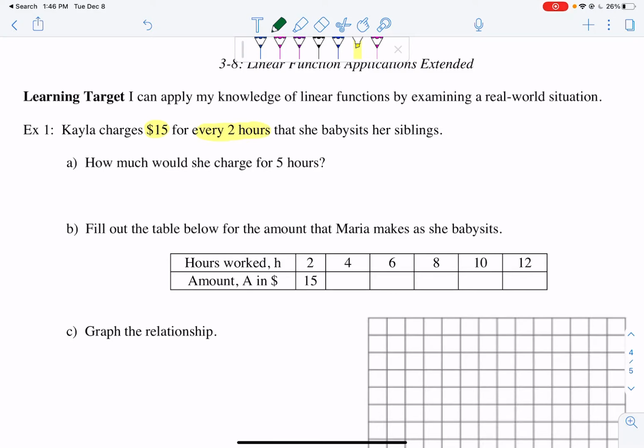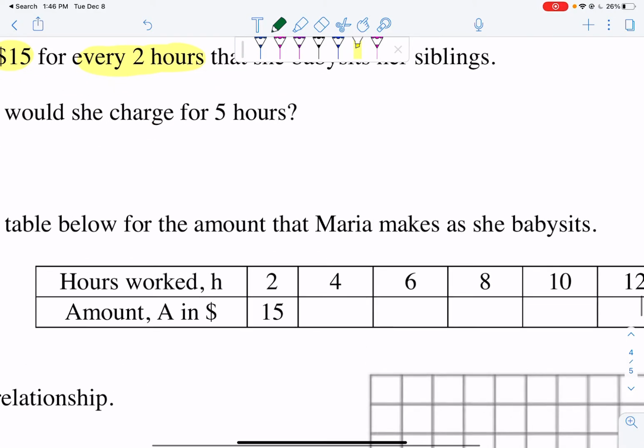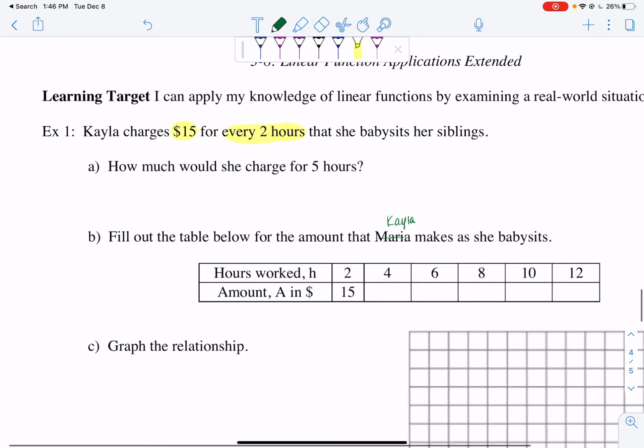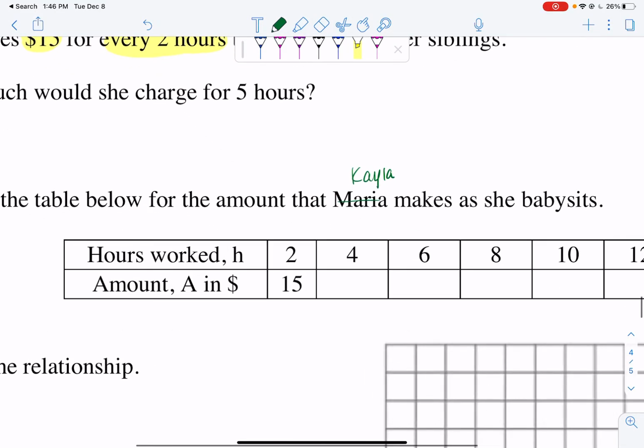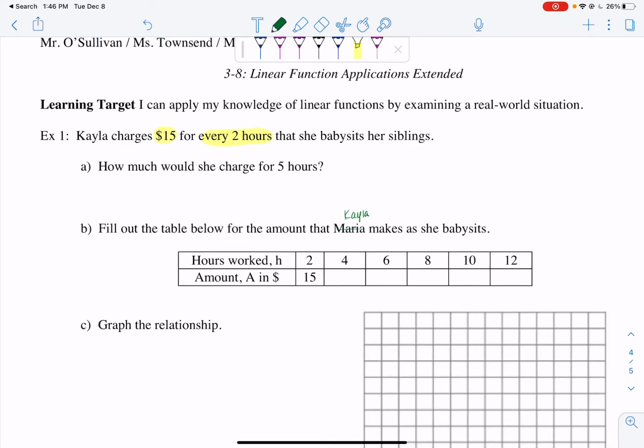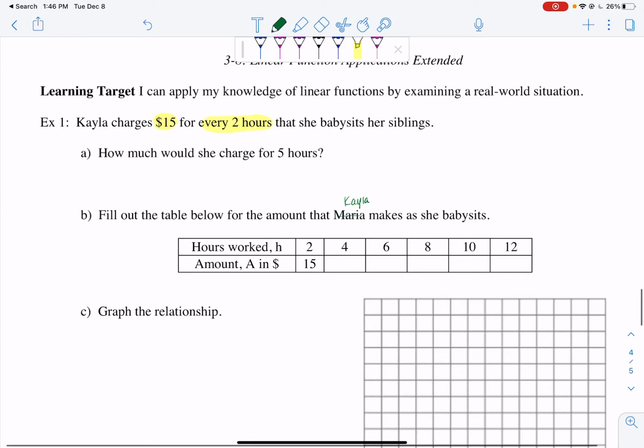It says fill out the table for the amount that Kayla makes as she babysits. So for instance, for 2 hours, she makes $15. For 4 hours, she makes another $15. So 15 plus 15 is 30.